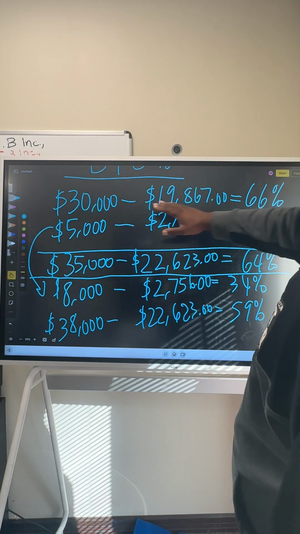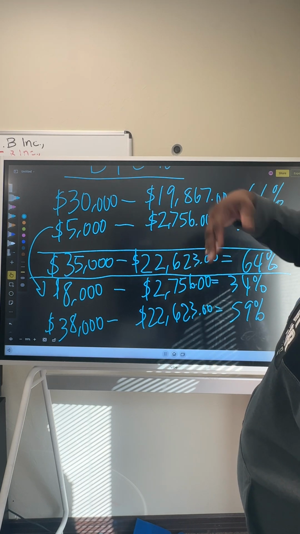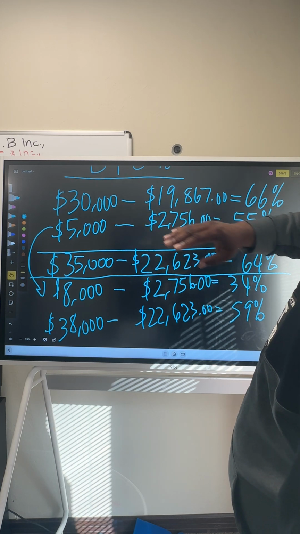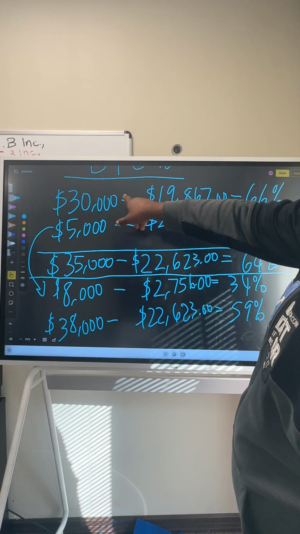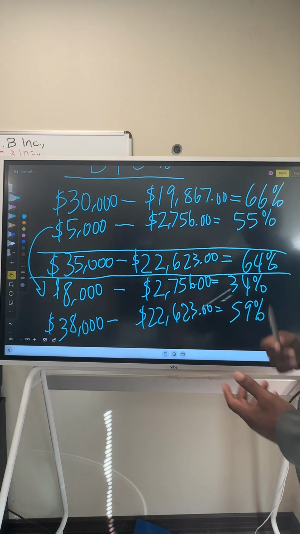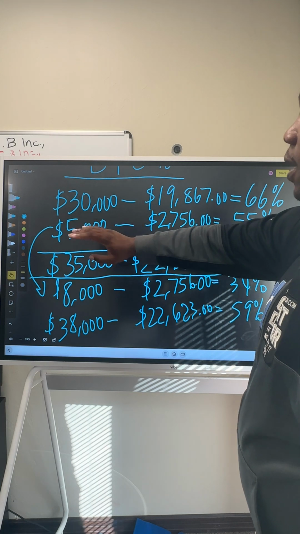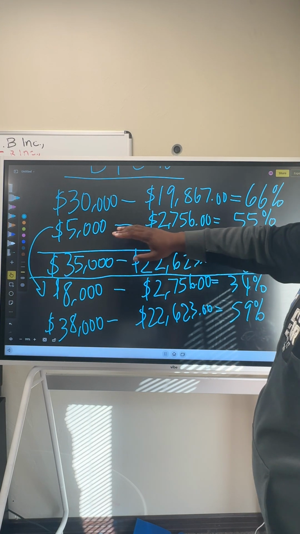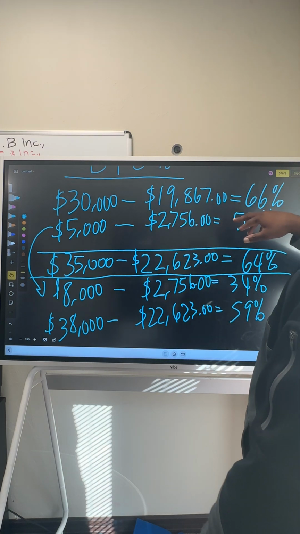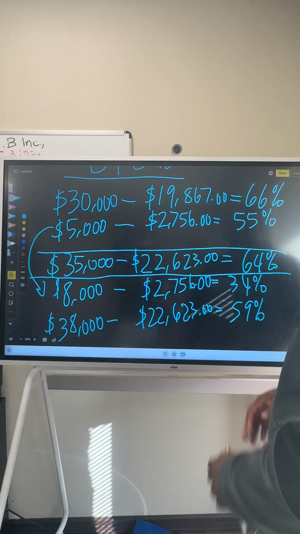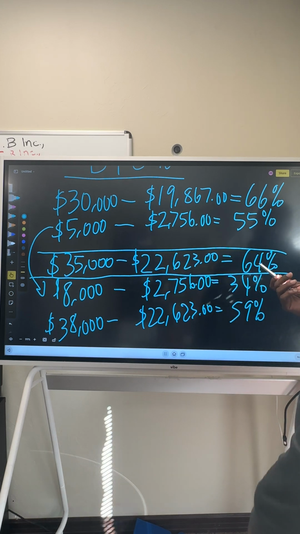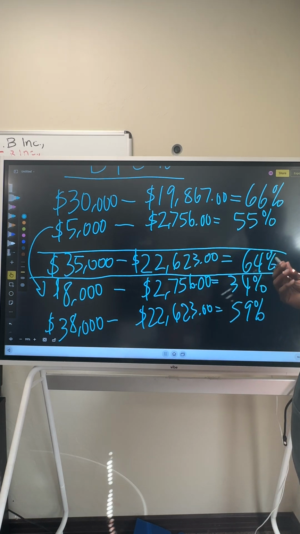So what happened in this whole equation? On the installment loan, which could be a signature loan, student loan, car, or house, the balance into the credit limit gave 66%. Now you have a $5,000 credit card. This is revolving, which is treated differently, and in this instance the debt to credit ratio is 55%. When you add them together, your total overall debt to credit ratio is 64%.